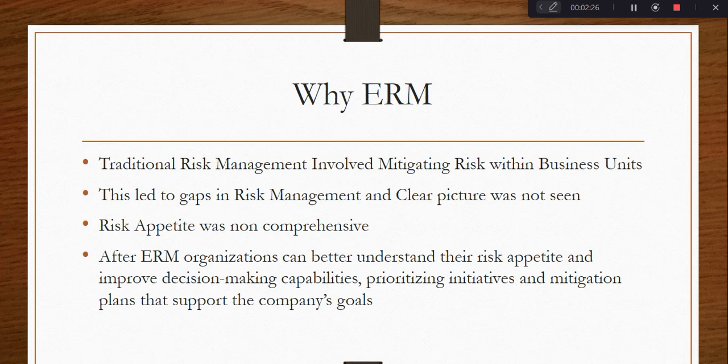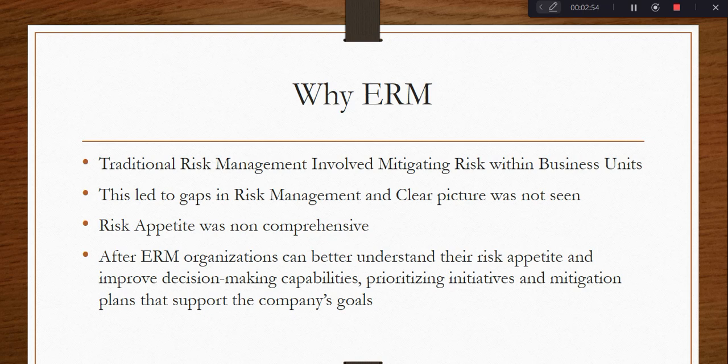Let's say there is an organization with five business units, like finance, operations, marketing, HR, strategy. The traditional approach was to mitigate risk within each department. Operations would mitigate their risk, marketing would mitigate their own risk, HR would mitigate their own risk. So this was done within each business unit.